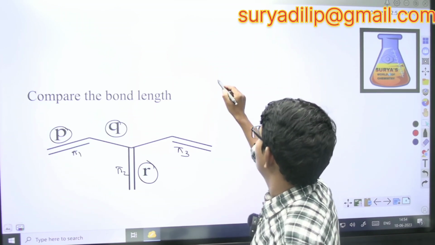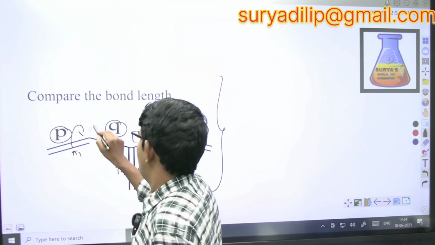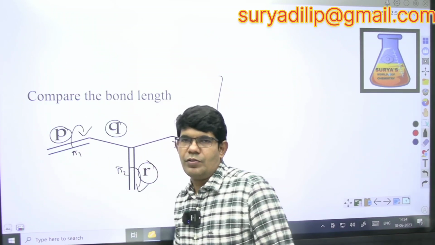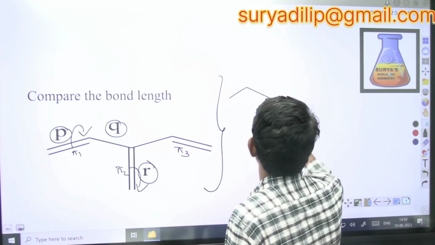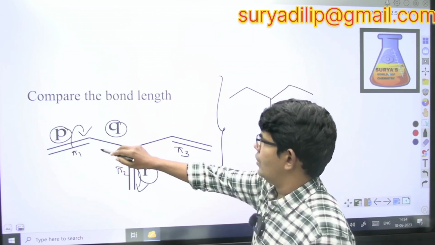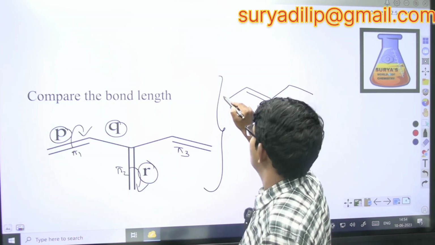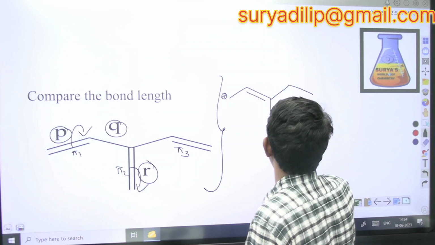So if I consider pi 1 and pi 2 initially involved in resonance, you can expect a resonating structure something like this. Here you have a negative charge, here you have a positive charge. So a pi bond will be formed here. So here you will have a positive charge, and here you will have a negative charge.